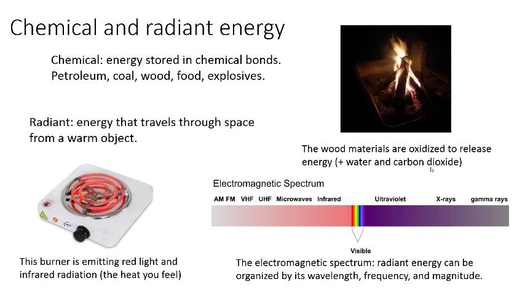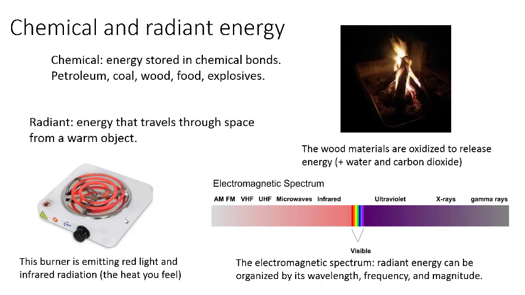Radiant energy is that energy that travels through space, and in fact works best when nothing is in the way. Much more on that later. The fire is an example of it, but perhaps a cleaner example is a hot burner. When you have a stove burner on red hot, that means that you're actually seeing emitted light.